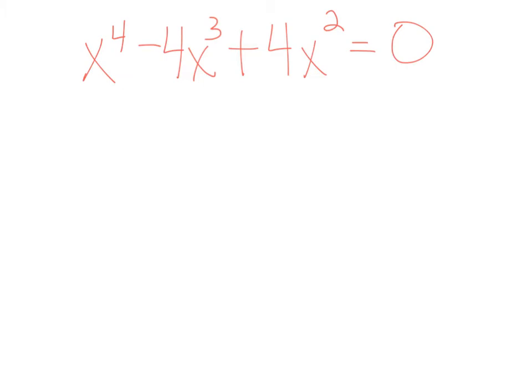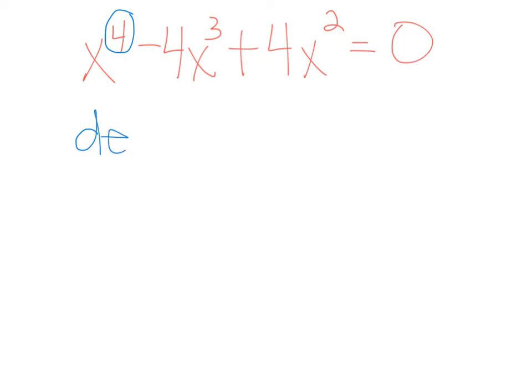Okay, so in the last example you were asked to find the possible number of zeros for this polynomial function and the number of possible turning points. Well, if I look at my degree, which is the highest exponent, my degree is equal to 4.